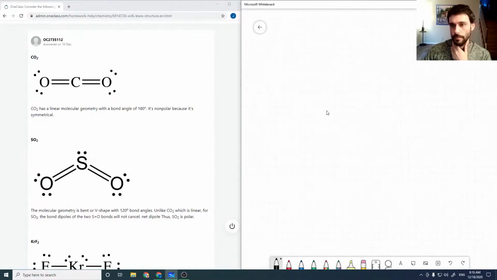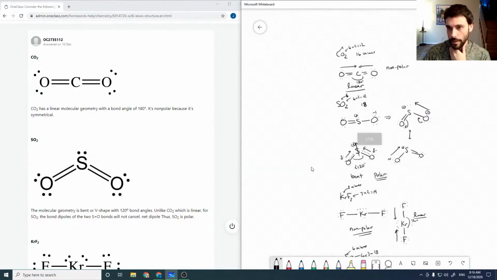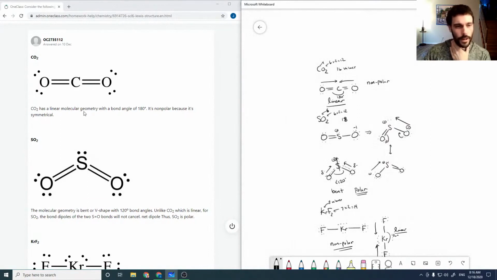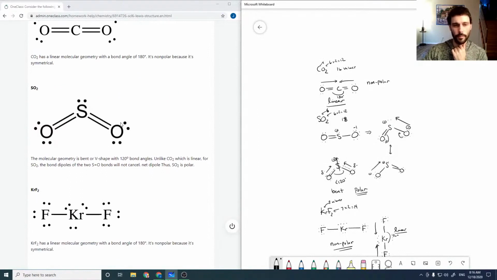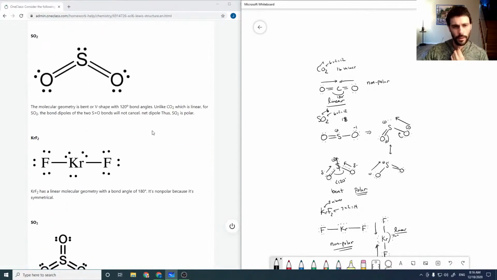So going, I lost it. Okay, going back to the top here, we have CO2, which is linear, bond angle of 180, and it'll be non-polar. SO2, which is bent or V-shaped, and it will be polar. And the angle will be less than 120.